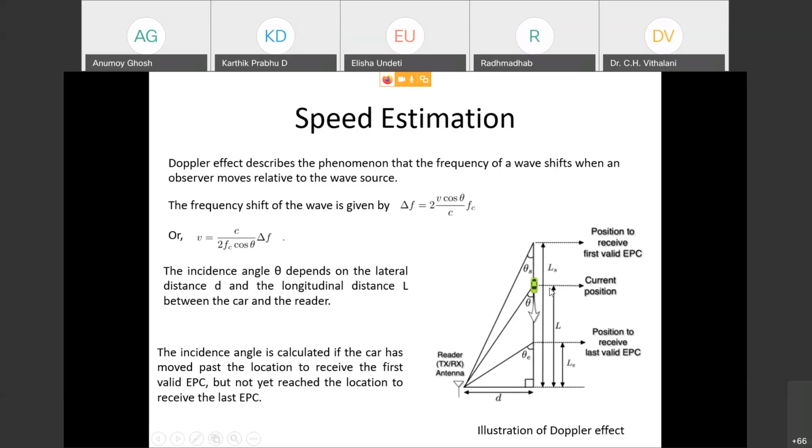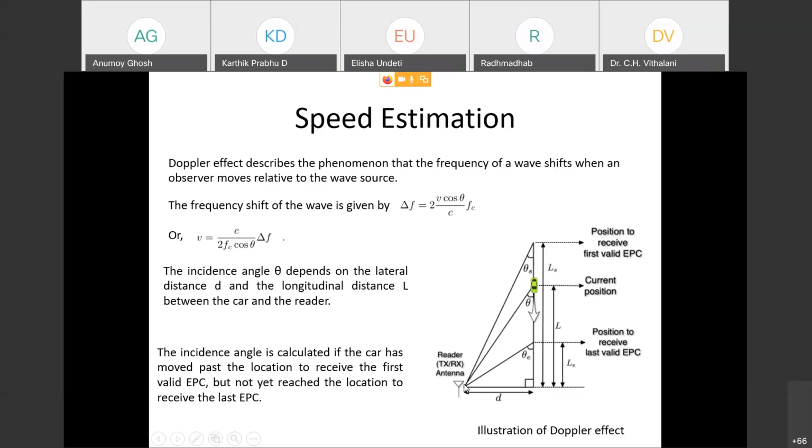Okay. So when the car is moving from this direction to this direction, you see there will be a change in relative velocity. What will be the relative velocity with respect to this antenna?